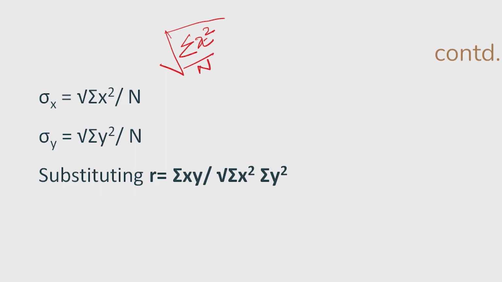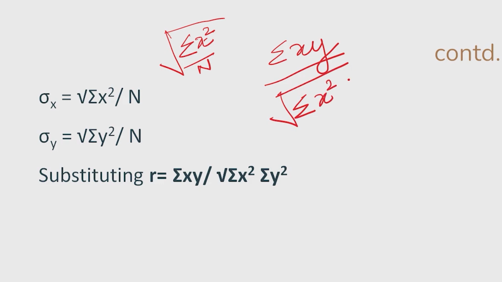Similarly you do it for the y score, and when you substitute these values in the coefficient formula, this is what you get: summation of small x into small y upon under root of summation of small x square and summation of y square.